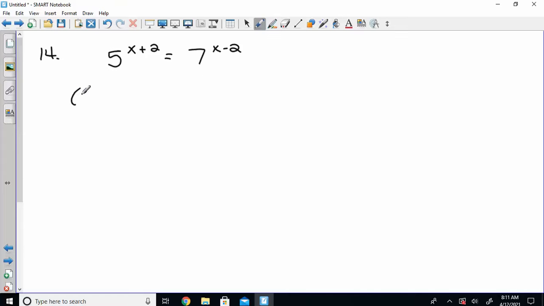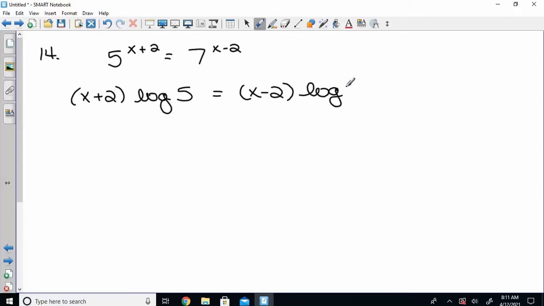Right. So you add the log, which brings the exponent down in front. Okay, we have to solve for x, and we have more than one x, so we need to distribute our logs so we can get all of our x's on one side.